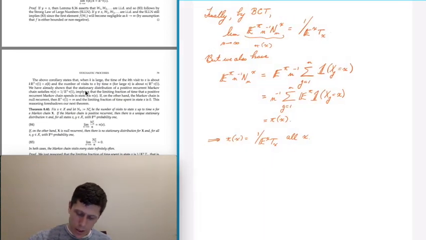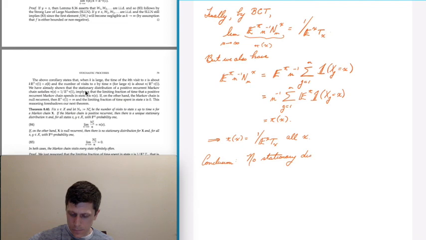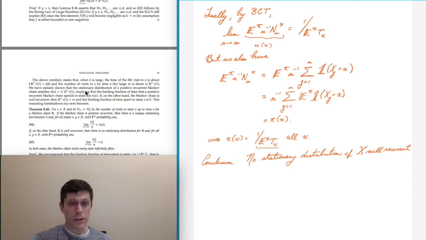And so the conclusion that we draw here is that there is no stationary distribution if x is null recurrent. Because if x is null recurrent, these denominators would be infinite, and these stationary probabilities would be 0 for every state.